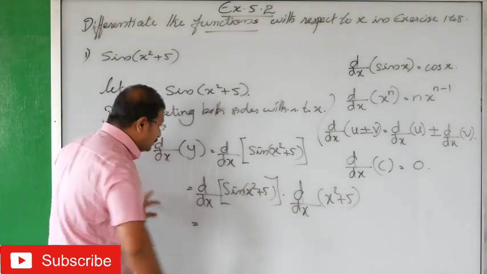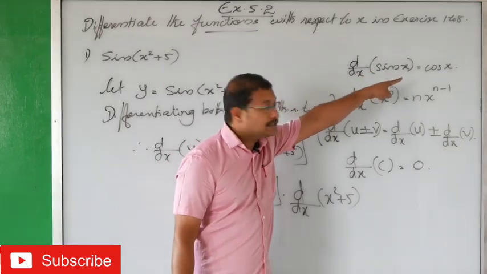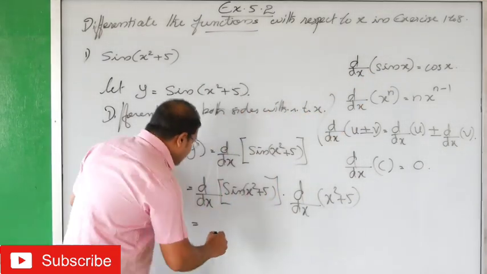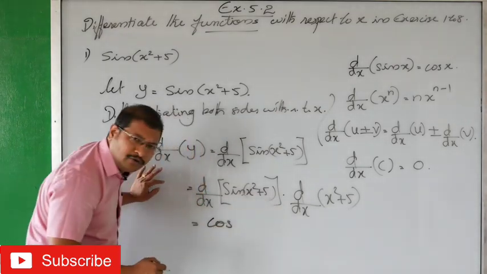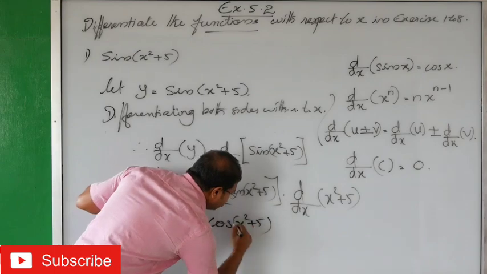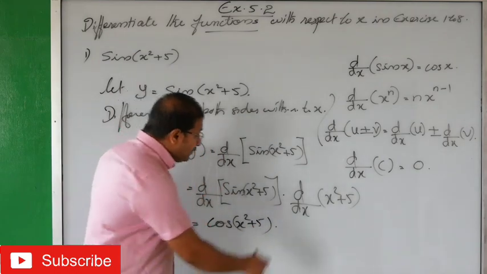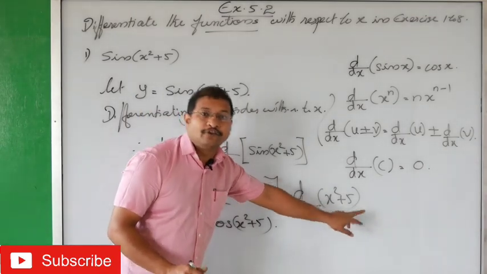Now we know that derivative of sin x is cos x. That means you will write cos, and in place of x, x square plus 5. Next one, derivative of x square plus derivative of 5.